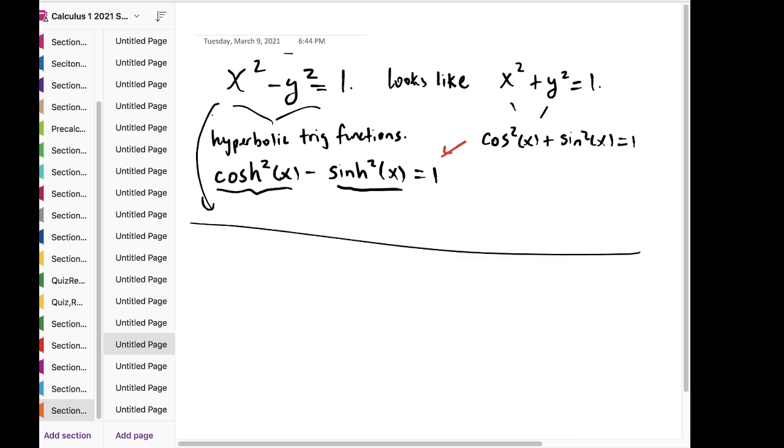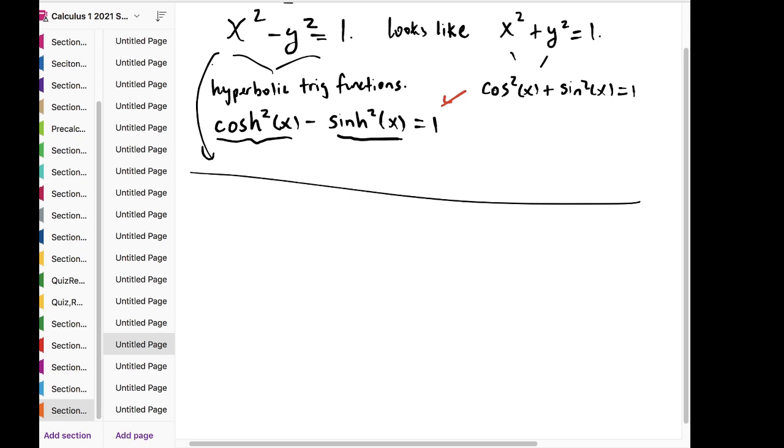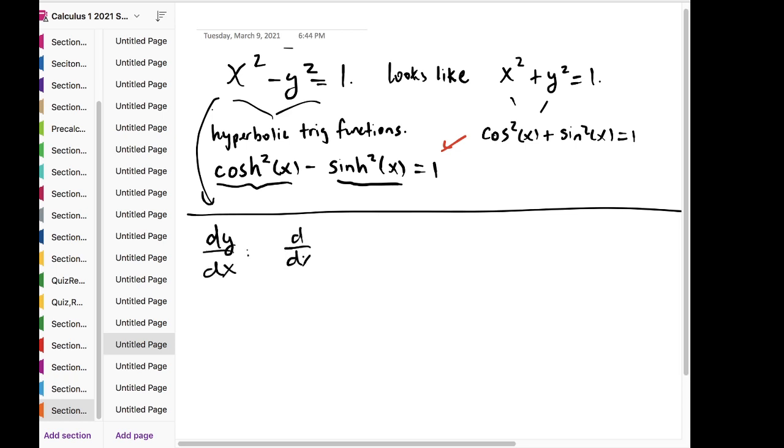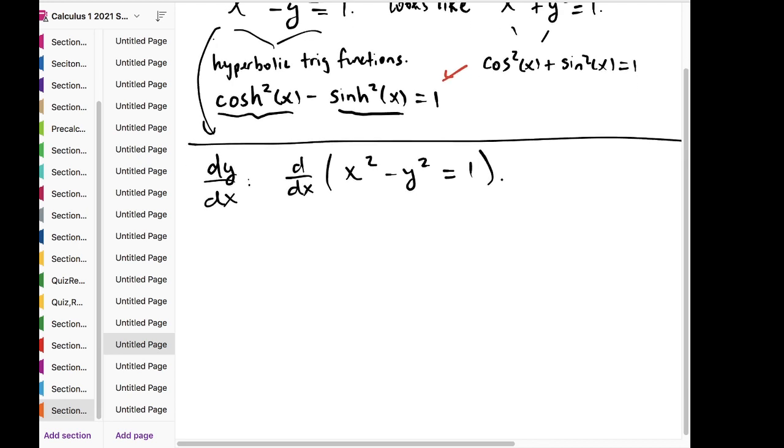Let's take the derivative of this hyperbola. Okay, so what is the first line here? Derivative of x squared: 2x.